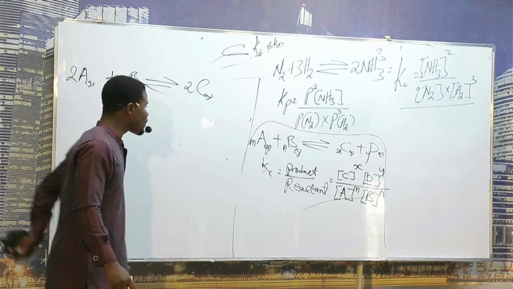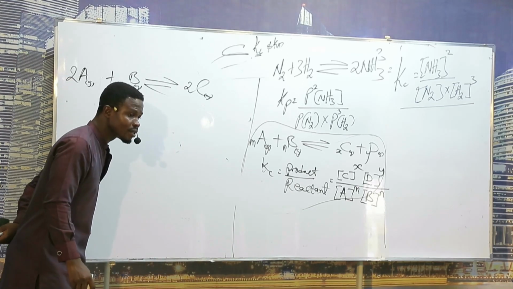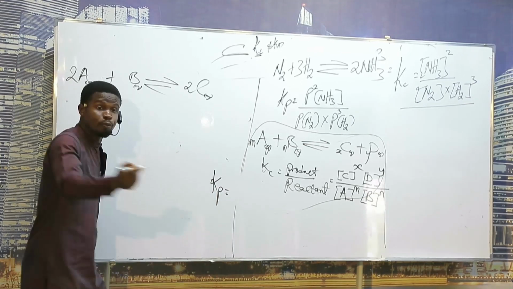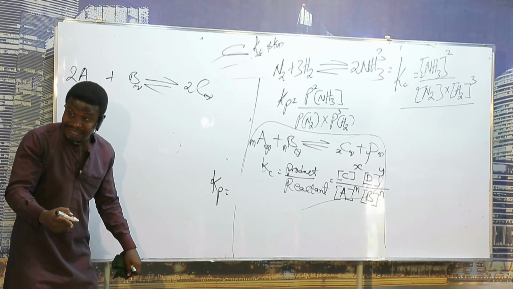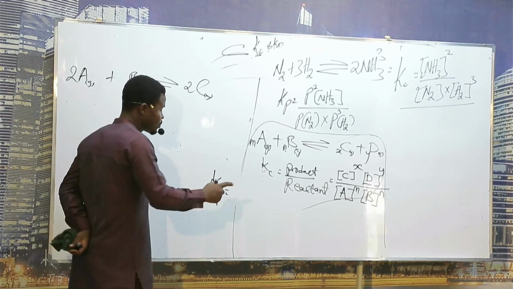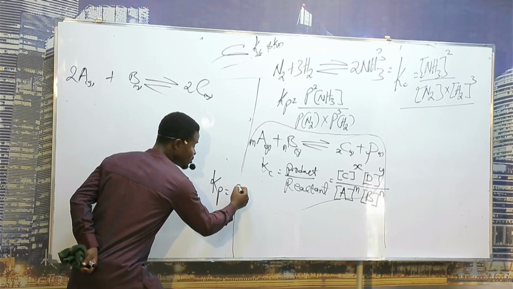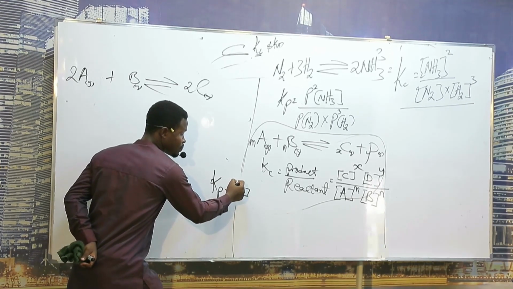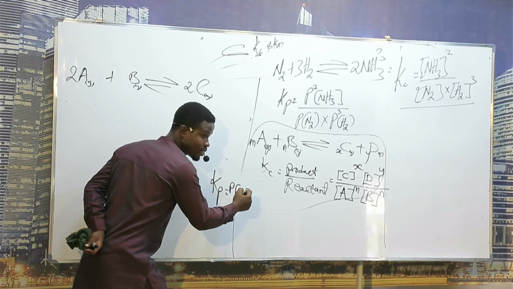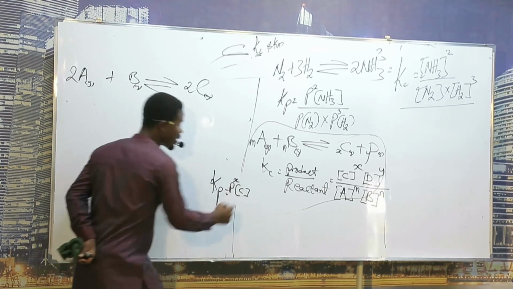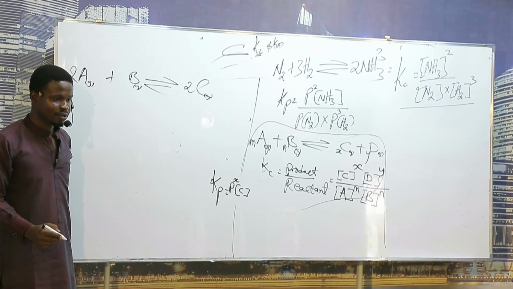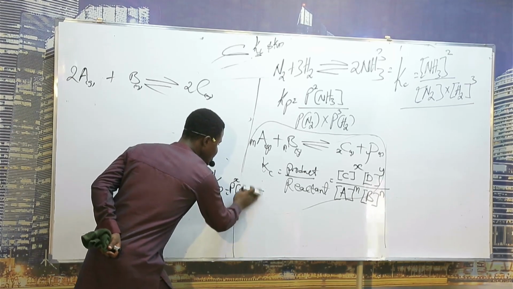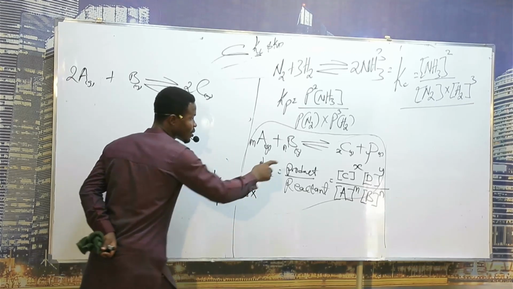But in terms of partial pressure, in terms of what? It will now be Kp. Up here, still product over what? Reactant. Now it will be C. What is the partial pressure there? P raised to power X. Times, there's times here, of course. Times what again?